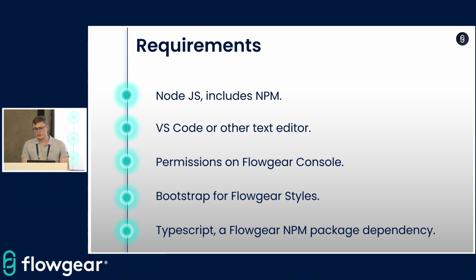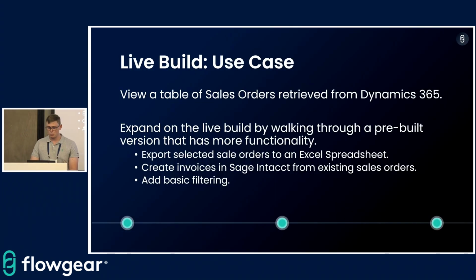What I mean by this is we use Bootstrap internally, and we publish some styles via our SDK so that you can standardize the look and feel of your web app, so it feels like a part of the console. Lastly, we also require TypeScript, which is also a Flowgear NPM package requirement.